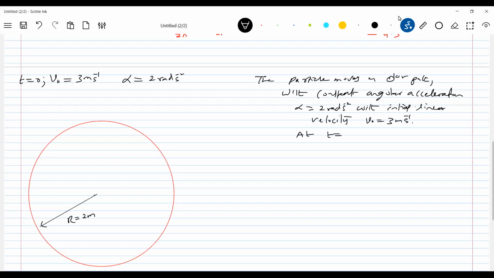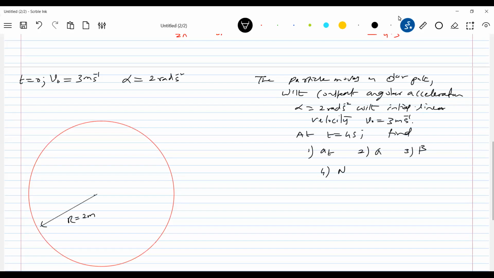At t equal to 4 seconds, find first, A tangential; second, total acceleration; third, beta; fourth, the number of revolutions.